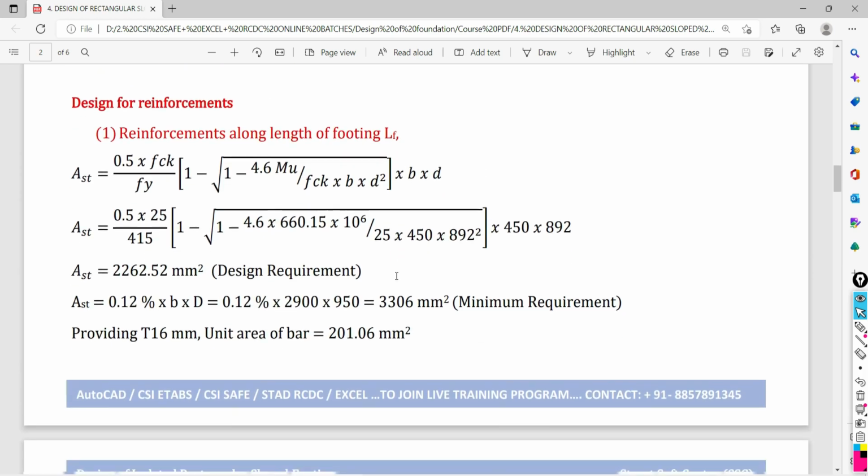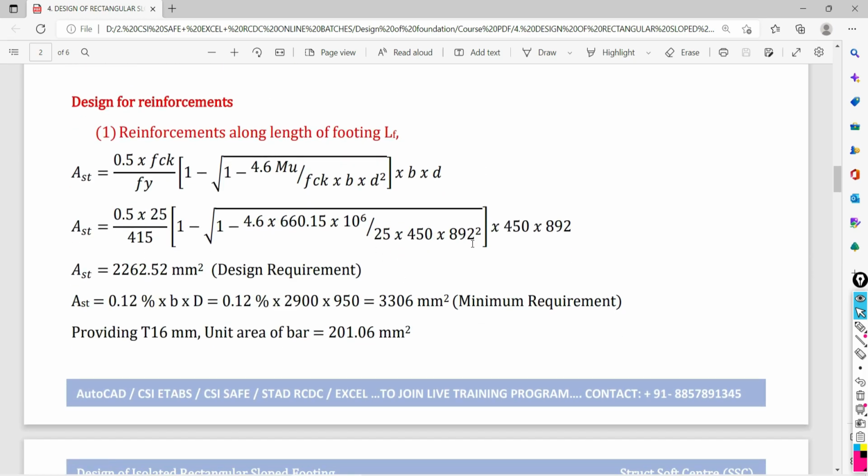Okay, so here it is what? 450, 892 mm is your effective depth available. Square of that you have to consider. After calculating all these values, we are getting what? Reinforcement required along the length of the footing is 2262.52 mm square. This I am going to call the design requirement. But we have to cross check it with the requirement of the minimum reinforcement.